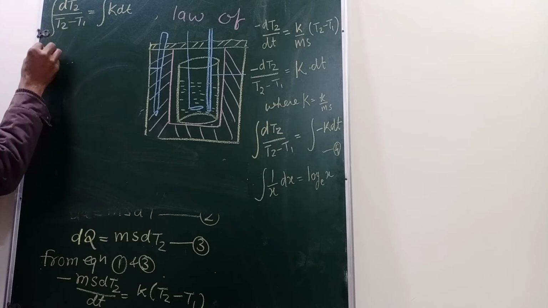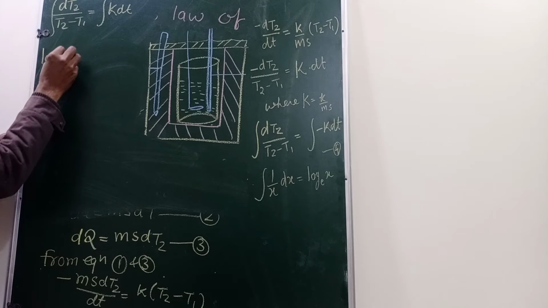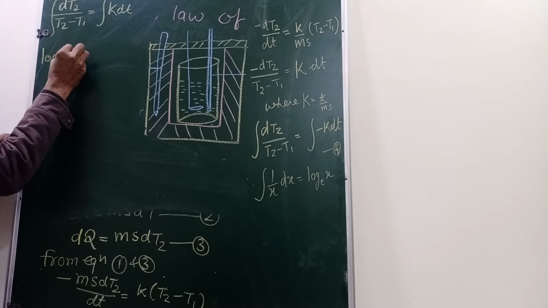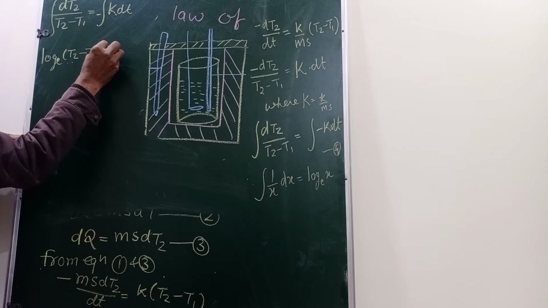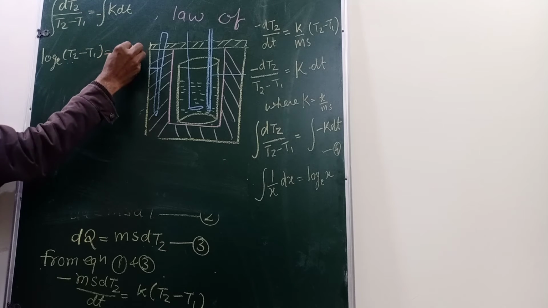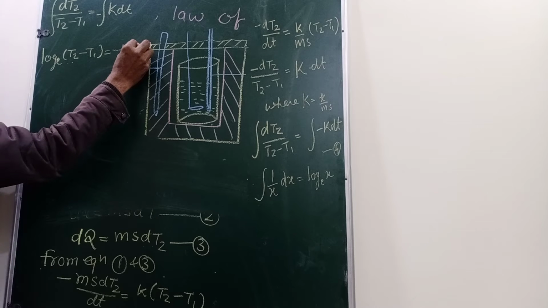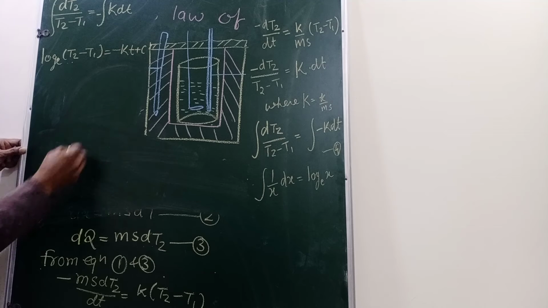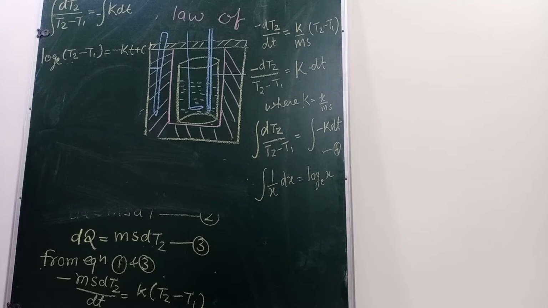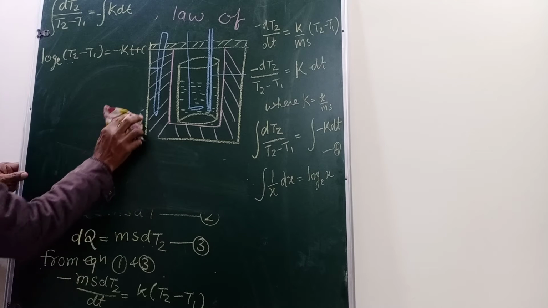Integrating, this will become log e of T2 minus T1, equal to minus kt plus c, where c is the constant of integration.